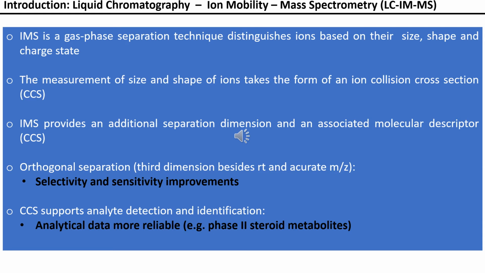So these ions traverse this region under the influence of an applied uniform electric field, varying their migration time through the gas, called drift time, which is straightly correlated with ion size, and the measured size is commonly described as the ion's collision cross-section, CCS.